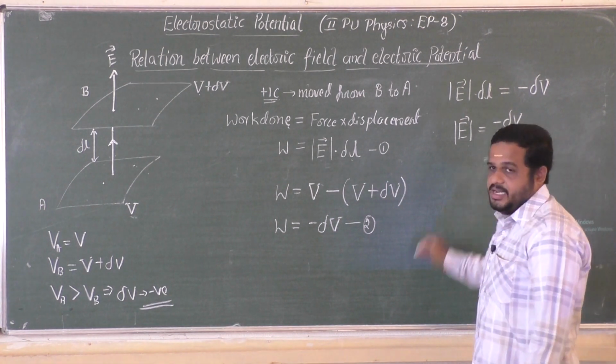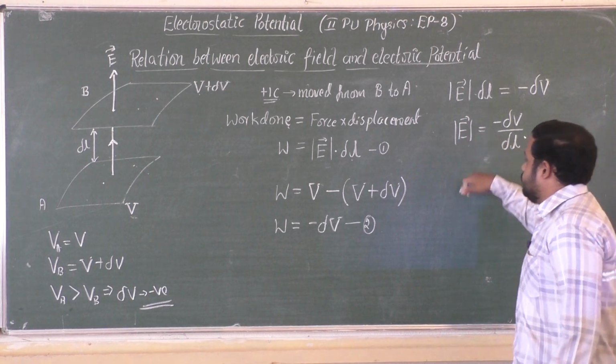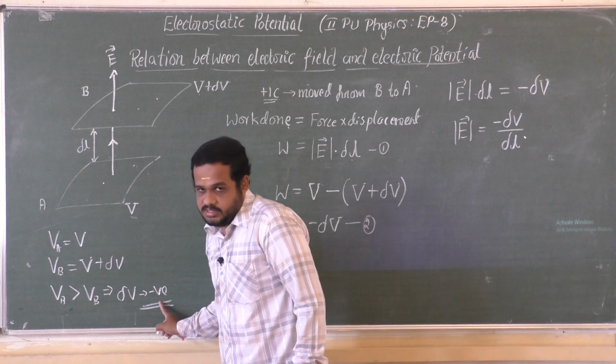Actually, this is the relation between electric field and electric potential. We can write one more step. We consider this condition where delta V is negative.